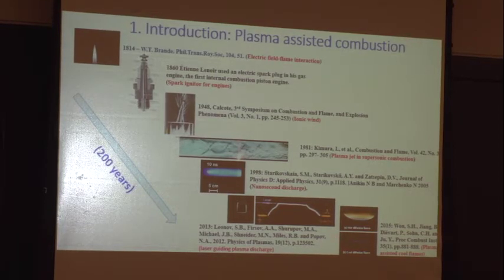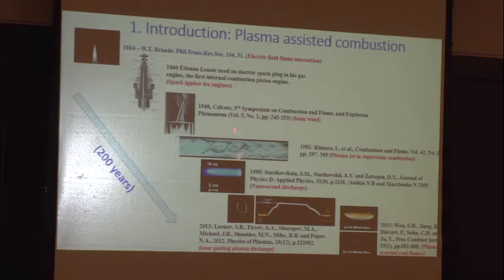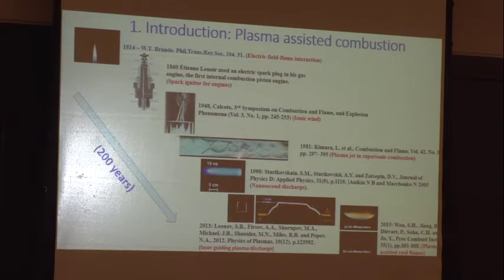And then in 1981, people were developing scramjet engines using high-speed flow. In a scramjet engine, as you know, the flow speed is very fast, and you have less than probably 1 millisecond for the fuel to be injected and burned.